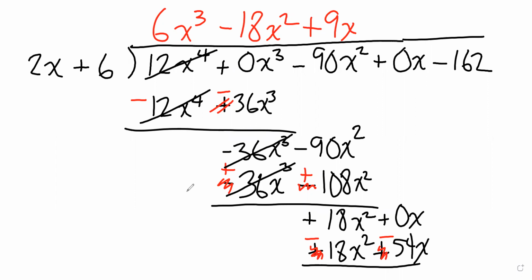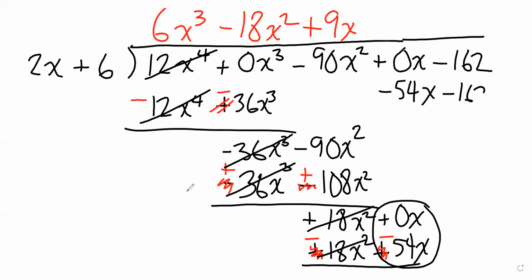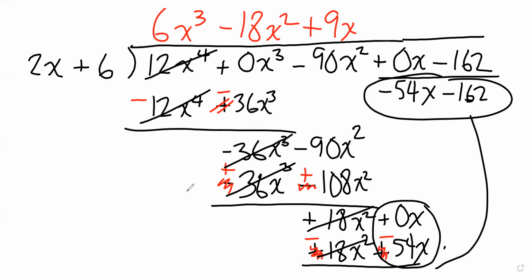The 18x squareds cancel as expected. And here we get 0 and negative 0x and negative 54x is negative 54x. Because I'm out of room on the bottom, I'm just going to put the result up here, and then bring down the next term, which will be the last term to bring down, negative 162. So just pretend that this is parked underneath there.